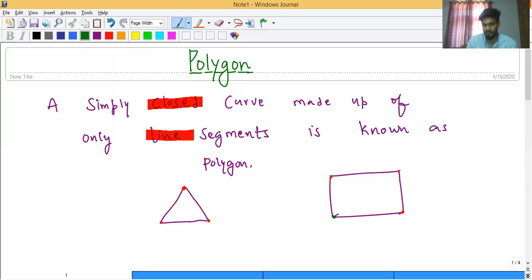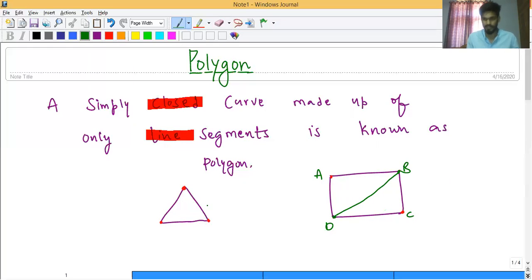So let's say this point I join with this vertex. So let's say this is A, B, C, D. So here B and D are non-consecutive vertices, right? So when I join them, I get a diagonal. Same when I join A and C, I'll get a diagonal.